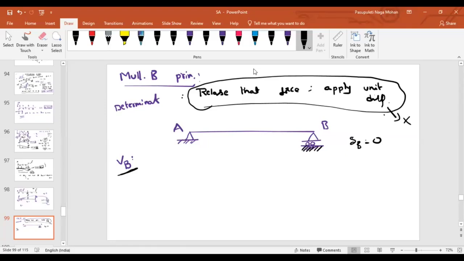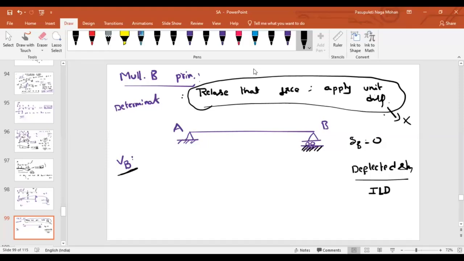So here, whatever reaction you want to draw, first you have to release that force. After releasing that force, apply the unit displacement. If you apply the unit displacement, then whatever deflected shape you get is nothing but your influence line diagram.